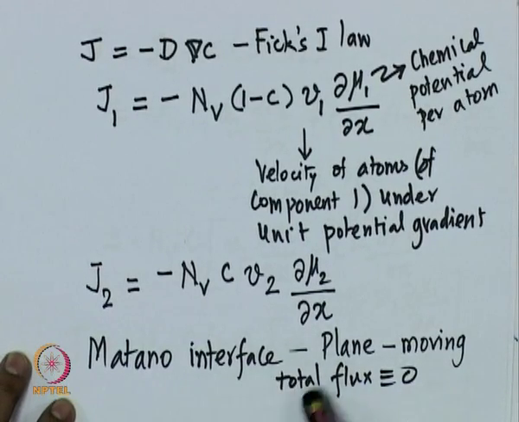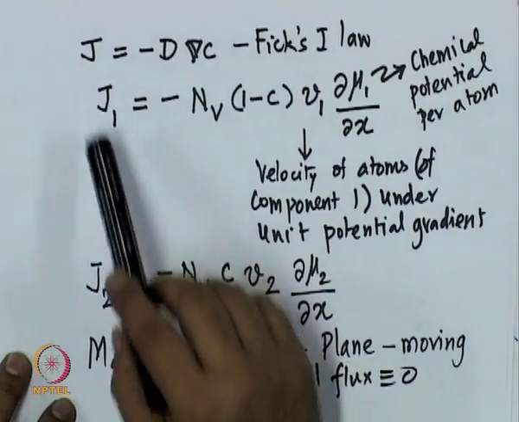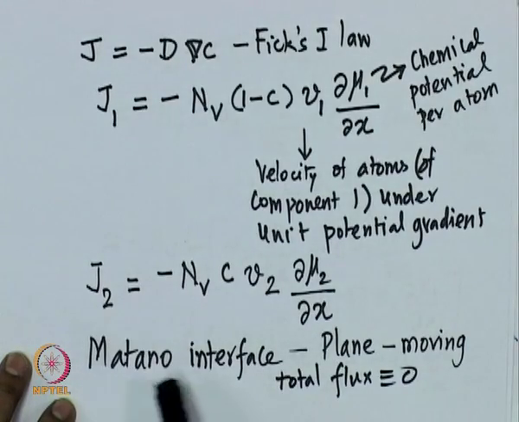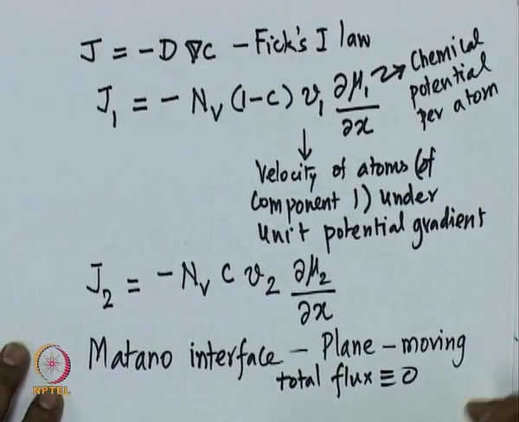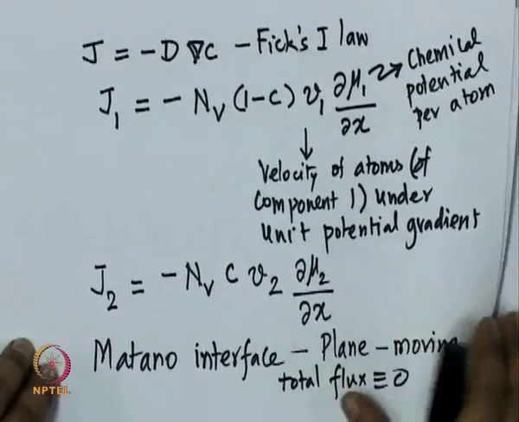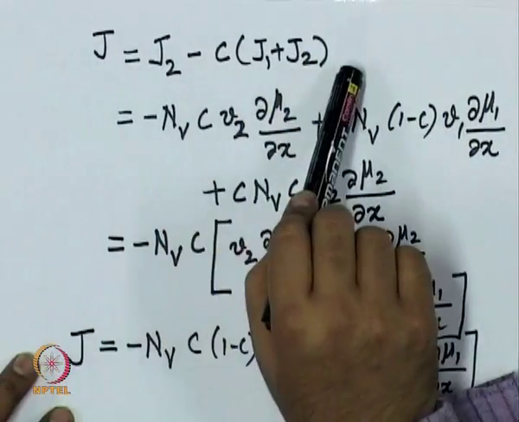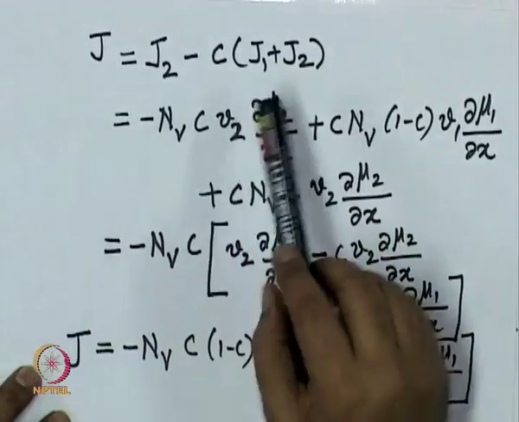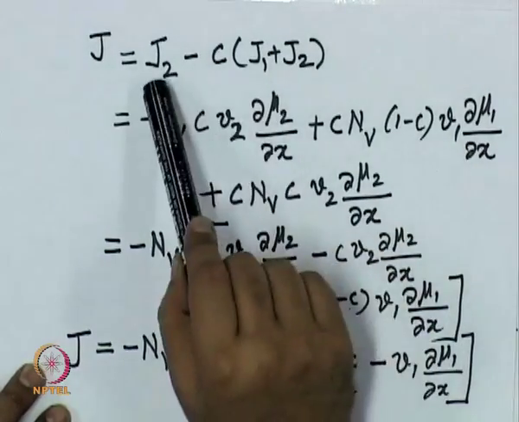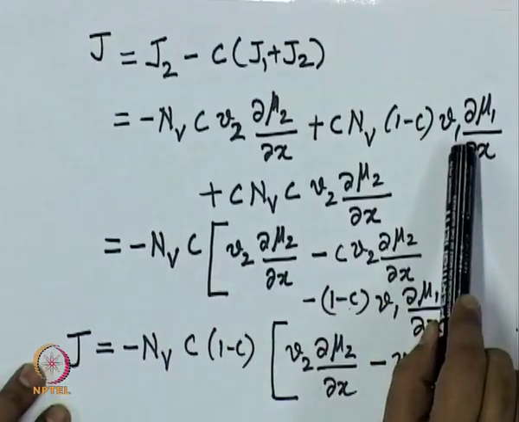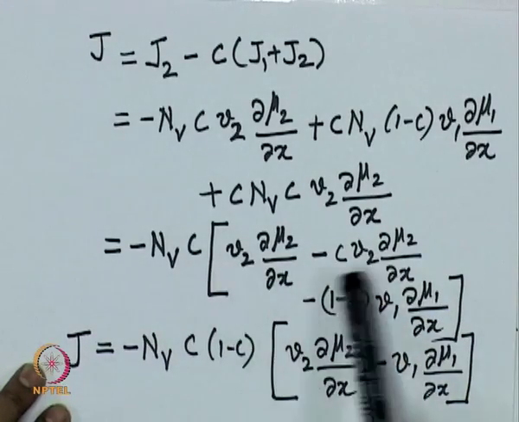If you define the flux for B type atoms with respect to the Matano interface, then the expression is J equal to J2 minus C times (J1 plus J2). So, all that we did is substitute the expressions we wrote for J1 and J2 and do a little bit of algebraic manipulation.